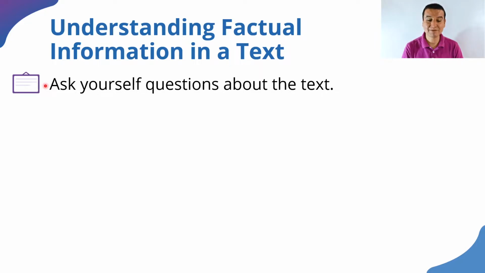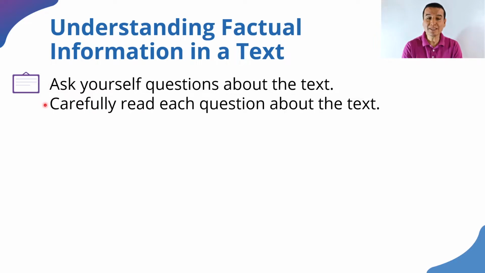Etc. All right? And if you want to answer a question that has been asked about the text, you have to carefully read each question about the text, whether somebody else has written that text and that question or you have written it.